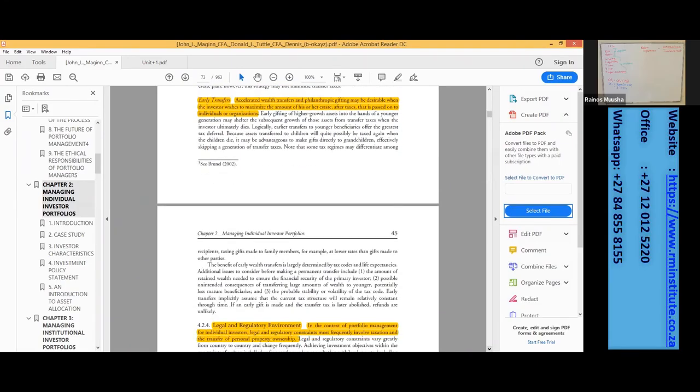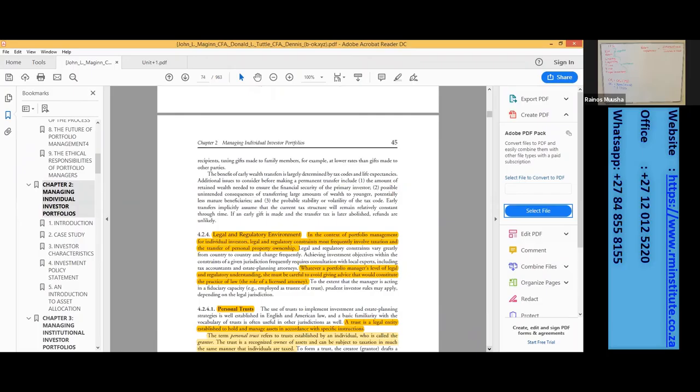Then we also look at the legal and regulatory issues. When it comes to legal and regulatory issues, they say in the context of portfolio management for individual investors, legal and regulatory constraints most frequently involve taxation and the transfer of personal property ownership.